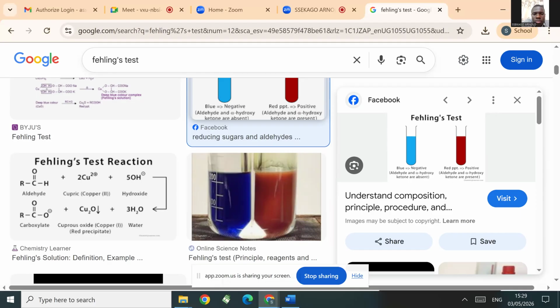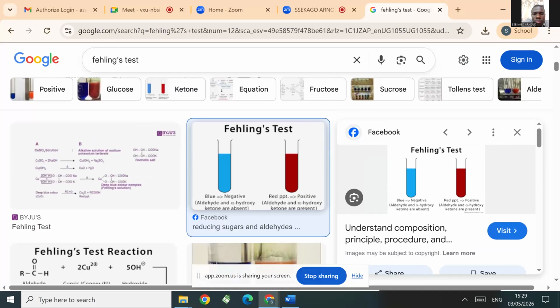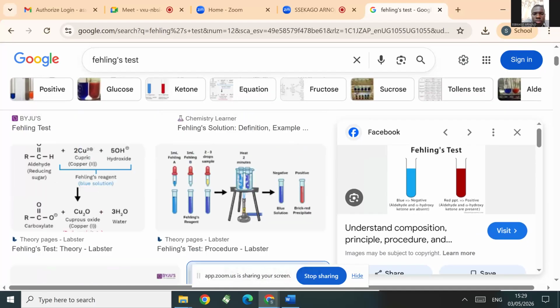We do not observe a different color, so nothing much is observed. However, it becomes red once an aldehyde is there. If you are dealing with an aldehyde, you see a red precipitate, or in some books they call it brick red.